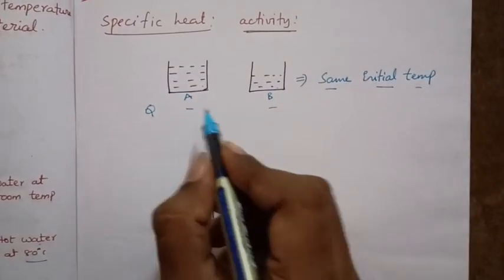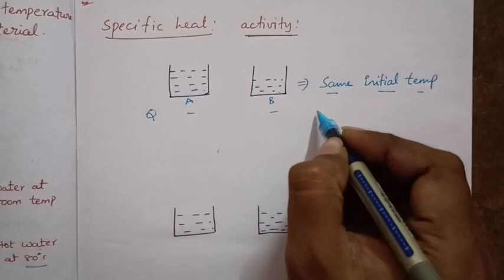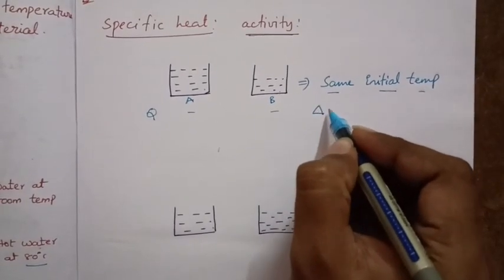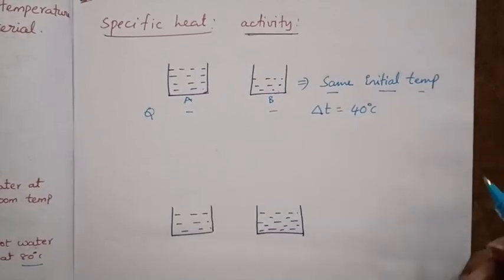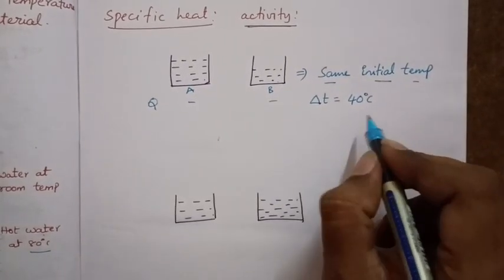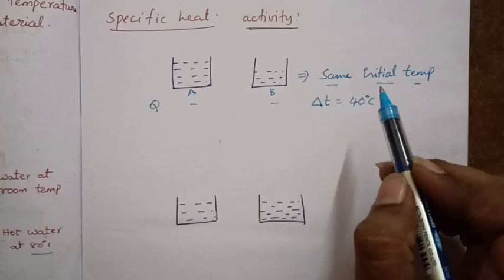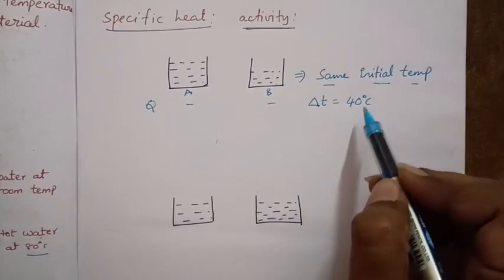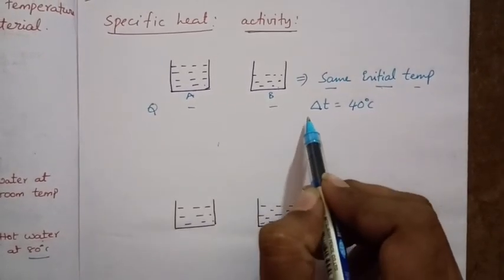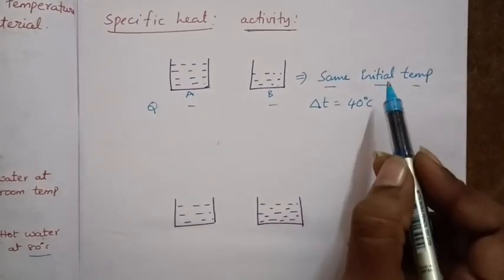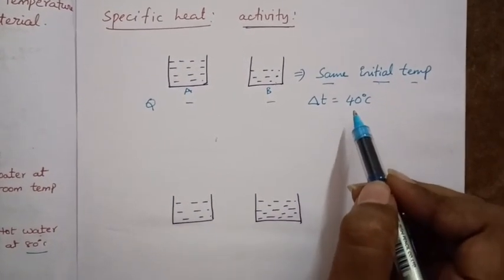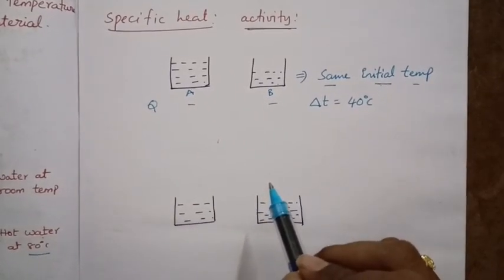From the initial temperature, I want to raise the temperature by 40 degrees Celsius, for example. From initial onwards, I want to increase 40 degrees Celsius.